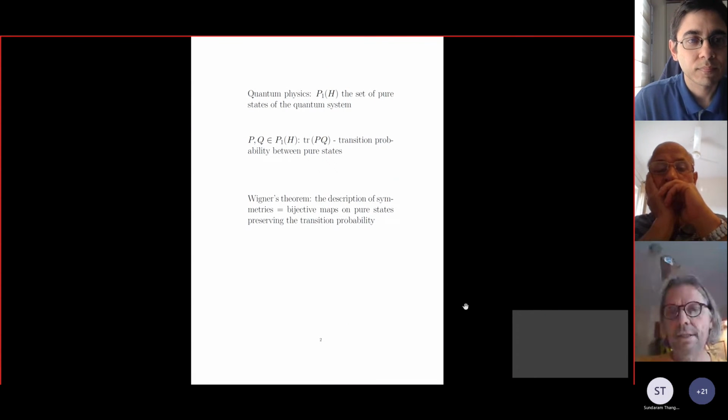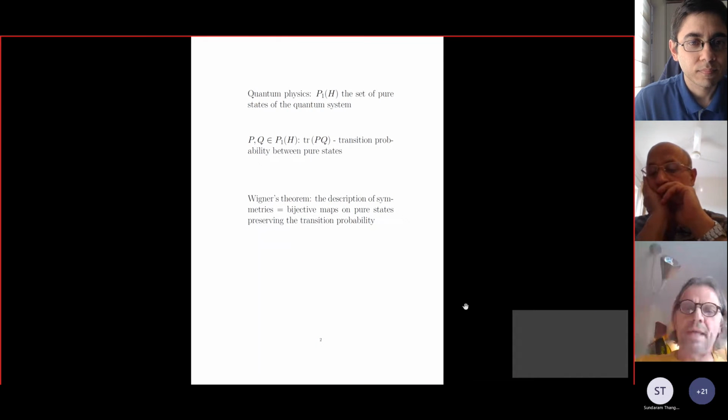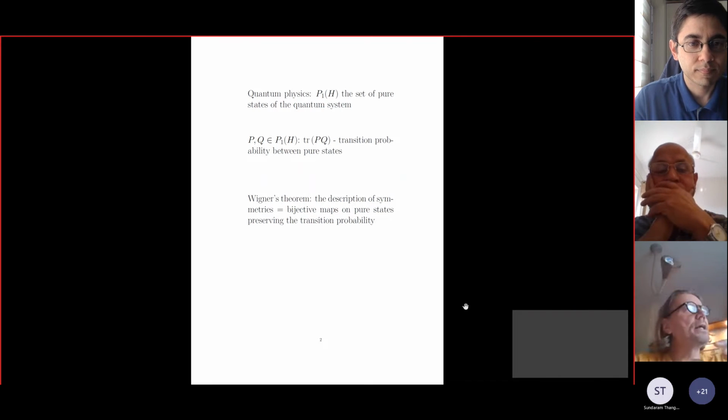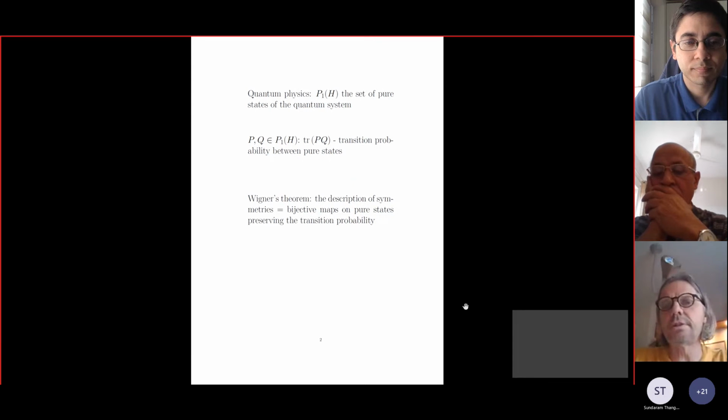Wigner's theorem is really a basic theorem. One of the starting statements in the mathematical foundations of quantum mechanics is the description of symmetries. You ask how you can change the quantum system without affecting these transition probabilities.